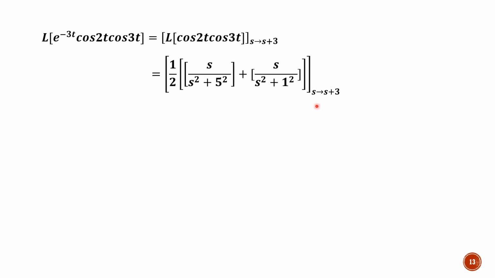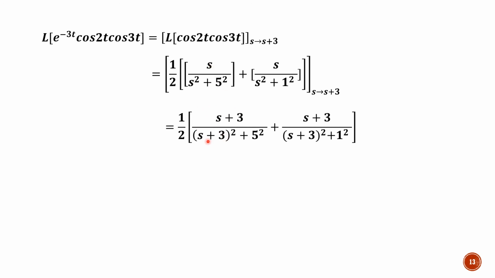That is by the first shifting theorem. So whatever answer we got in the previous step, replace s by s plus 3.